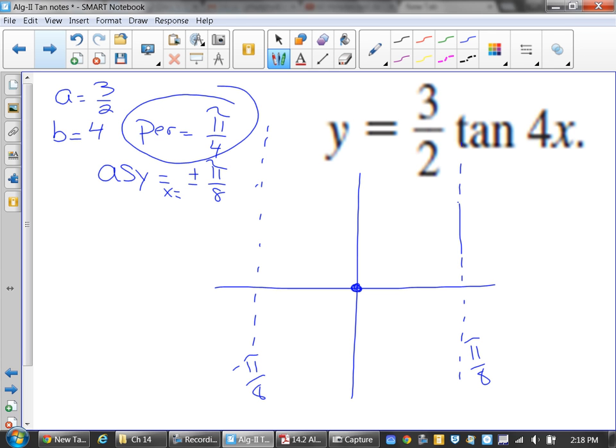All right. Now, to get your other 2 points, well, what's half of 8? 16. Pi over 16. What's half of negative 8? Negative pi over 16. Your a value is 3/2, so just put 3/2 and negative 3/2.